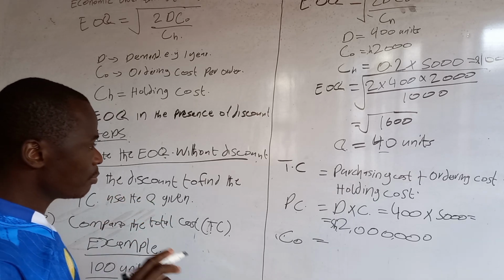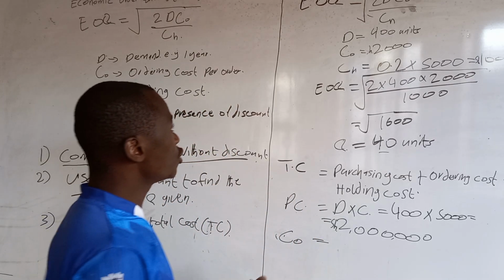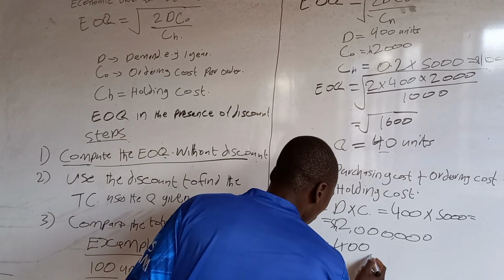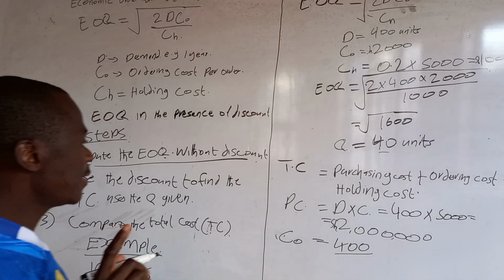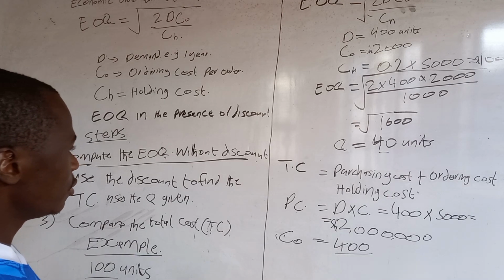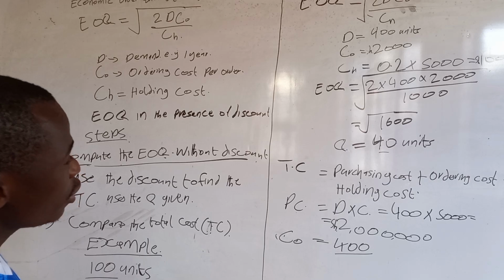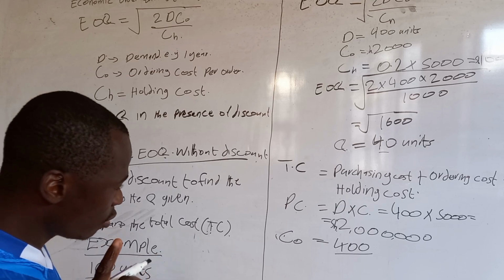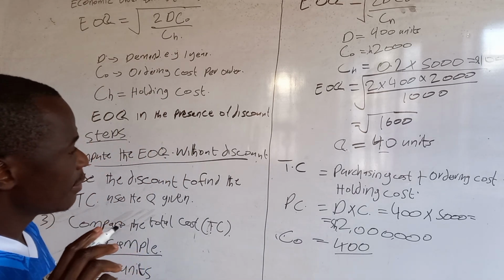How do we get the number of orders made? It will be total demand, which is 400, over total units per order.